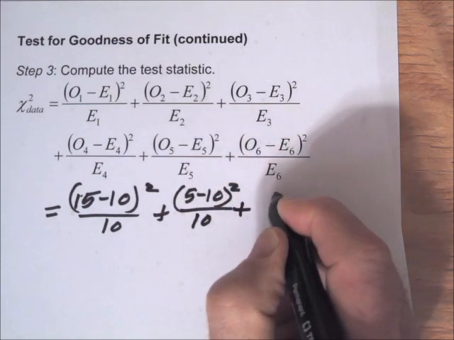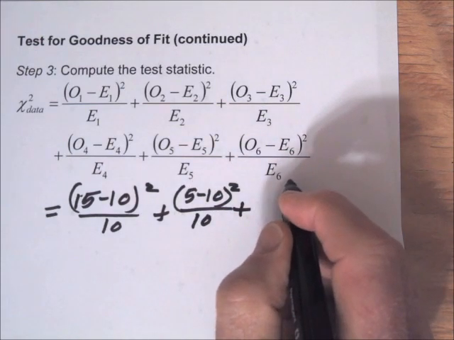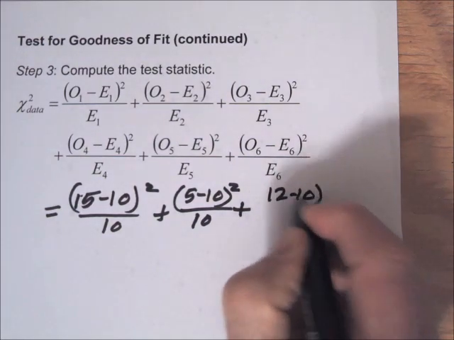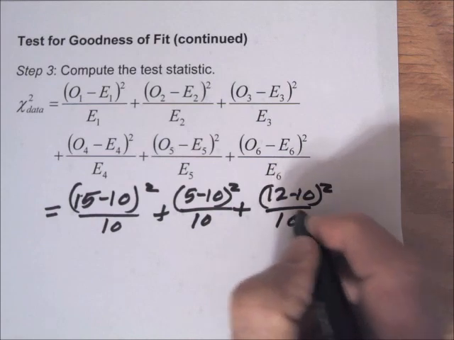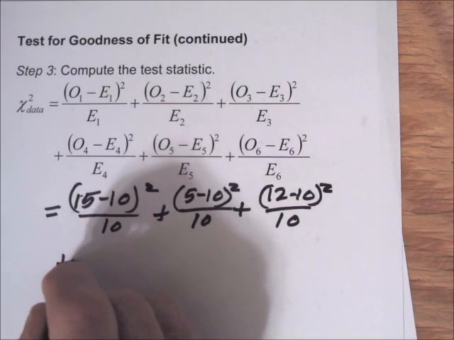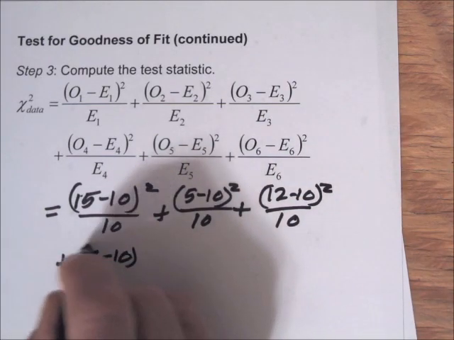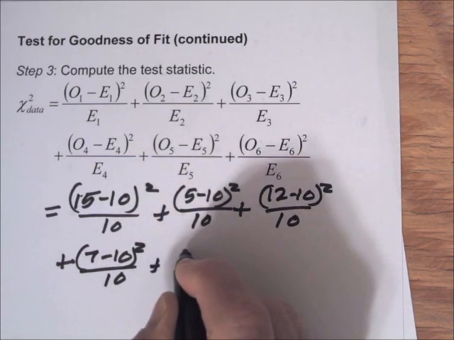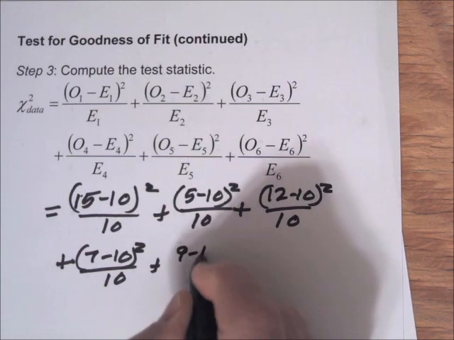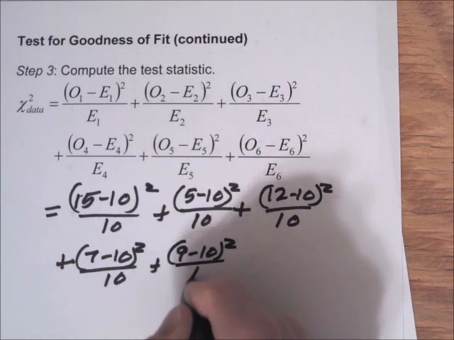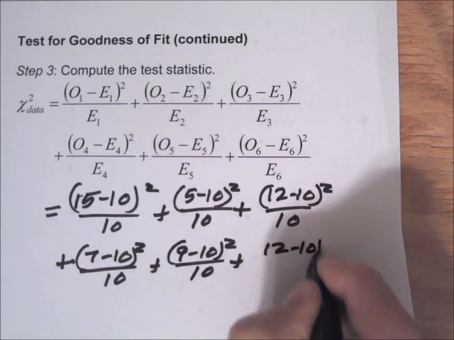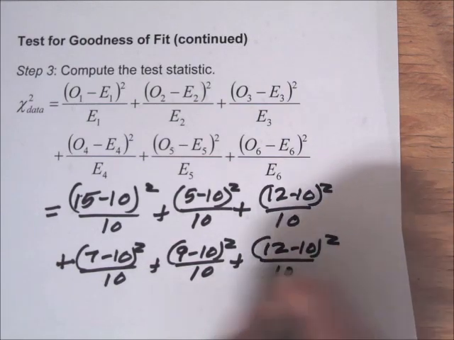Next observed is 12: 12 minus 10 squared, divided by 10. Then we have 7 minus 10 squared, divided by 10. 9 minus 10 squared, divided by 10. 12 minus 10 squared, divided by 10.